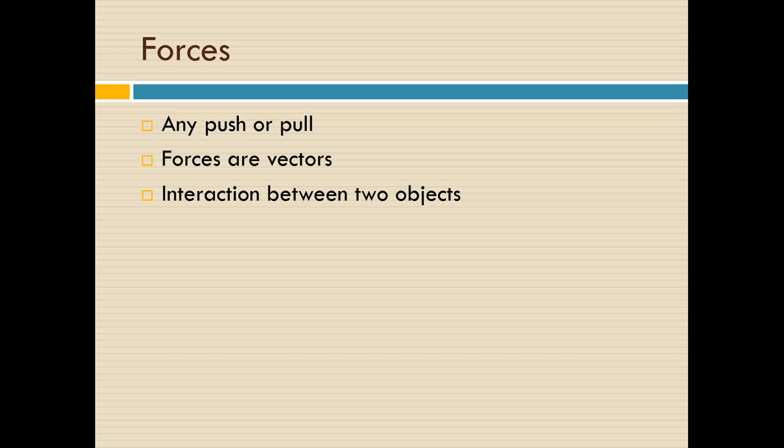So there's got to be two objects involved in a force interaction: the object that the force is acting on and the object that the force is being imparted from. If you don't have two objects, you do not have a force. It's that simple.